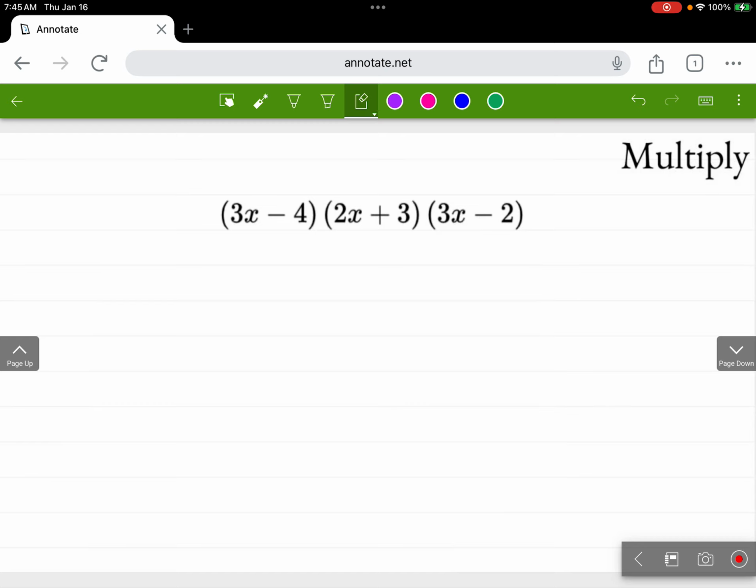And we're going to start with our left 2 pieces. We're going to take these 2 guys and multiply them together. So we're going to start with our 3x times 2x, giving us what? 6x squared.